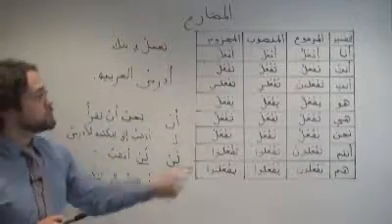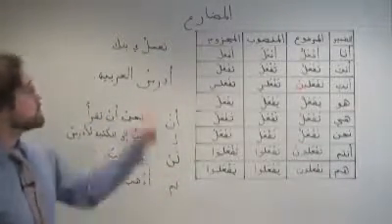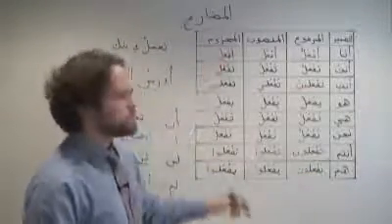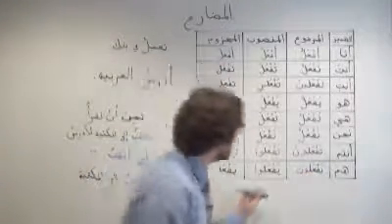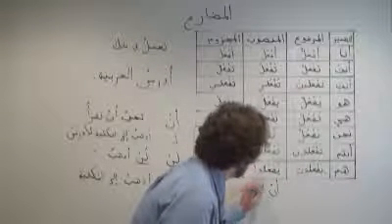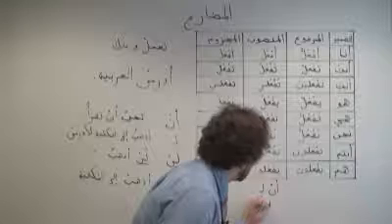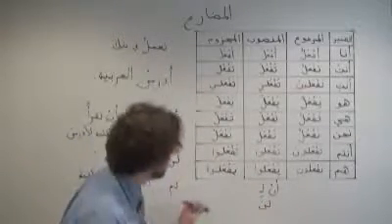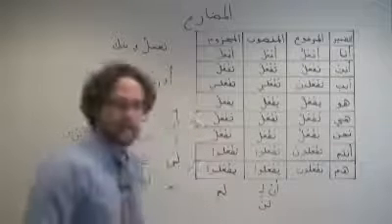It would be in majzoom form, right? So once again, marfu'a, default form if we have no other reason. Mansub, often we see it after an or li or lan. Majzoom, we often see this form after lam.